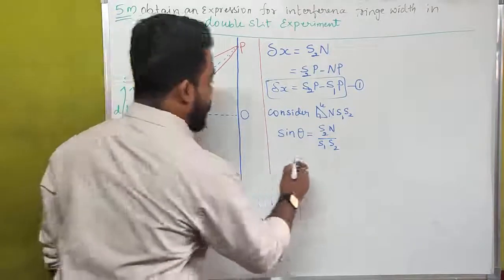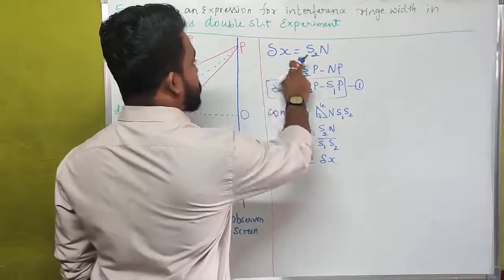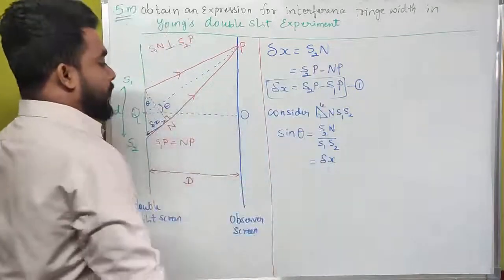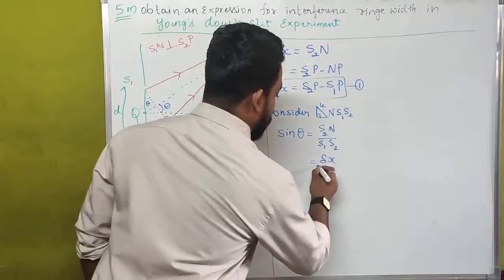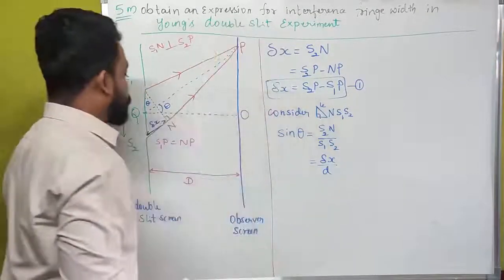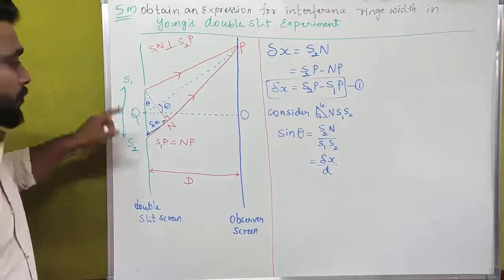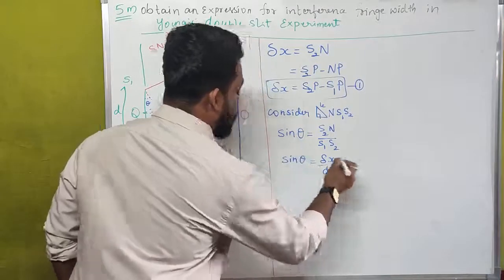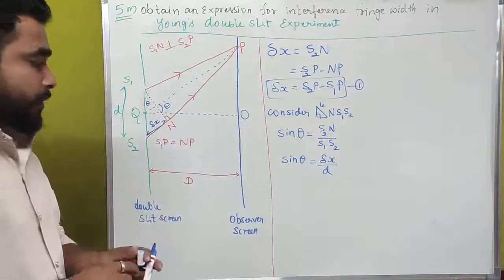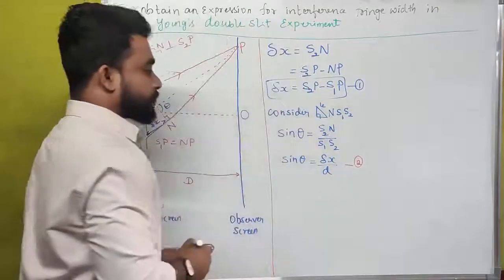S2N is equal to delta x, and S1S2 is the distance between slit S1 and slit S2, which is equal to d. Hence, sin theta becomes delta x divided by d. Let us assume this as equation 2.